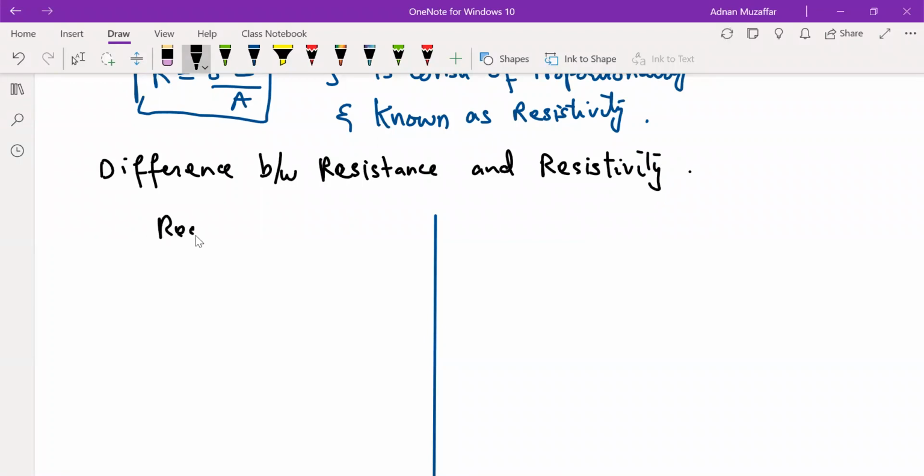So this can be the resistance column and this can be the resistivity column.